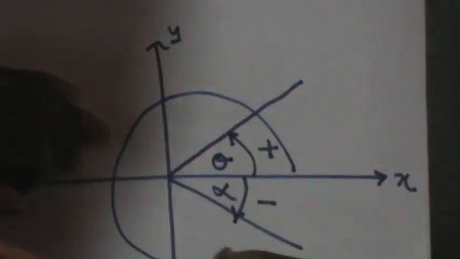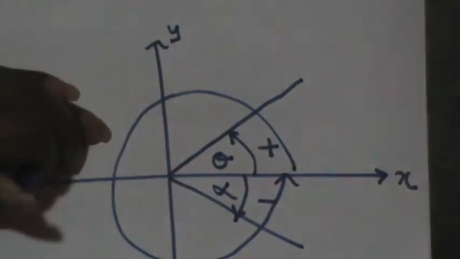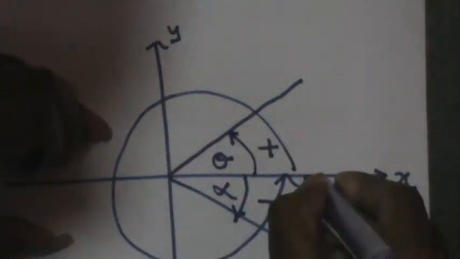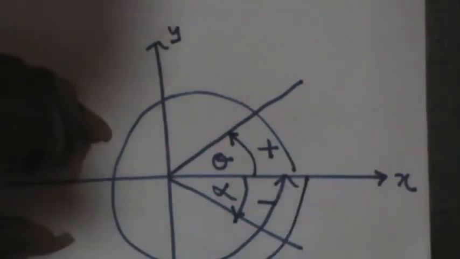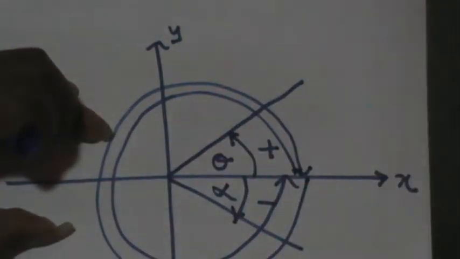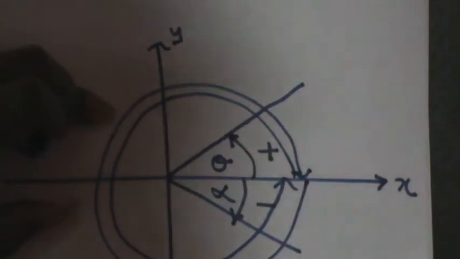So the counterclockwise rotation of this angle around this point is positive, and the clockwise rotation of this angle around this point is said to be negative. Right?